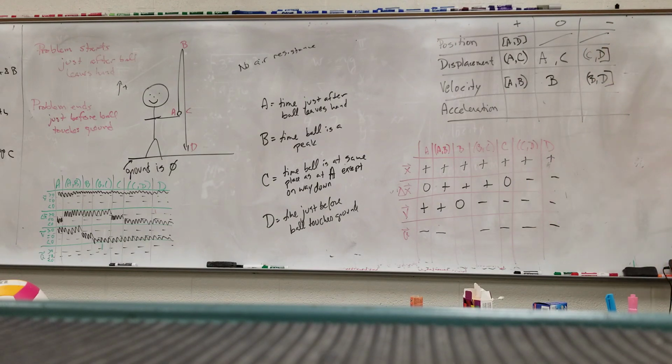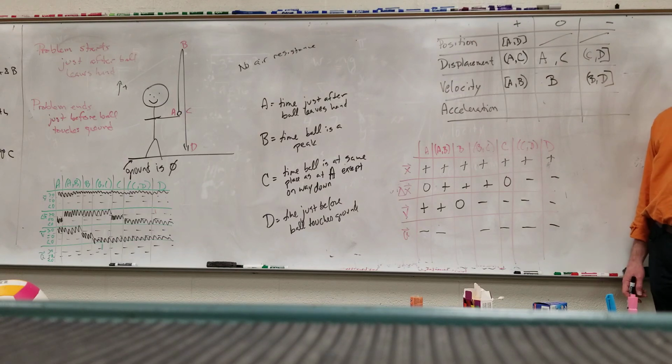Obviously, I've left B off. This speeding up, slowing down doesn't really work at turnaround points. But what's happening at B? It's 0. So acceleration 0 there? Is that what I just heard?